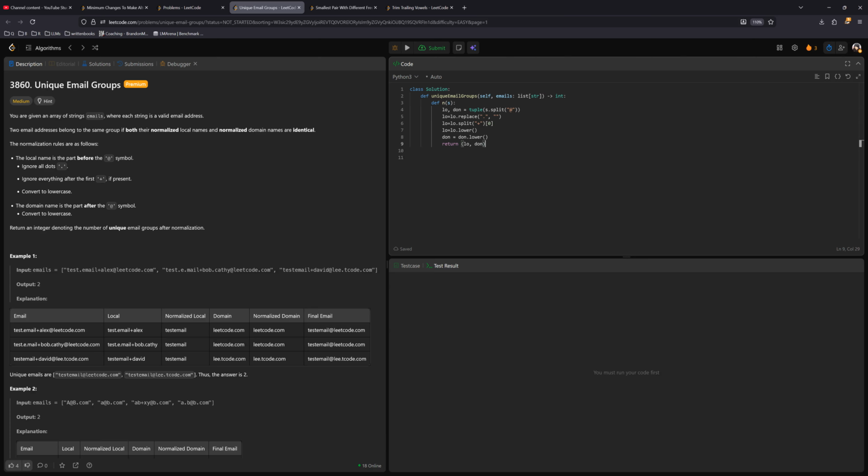There's no benefit to combining it. Okay, and then just return counter of n of i for i in emails. Well, no. It wants to know how many unique ones there are, right? So it's the length of the set.